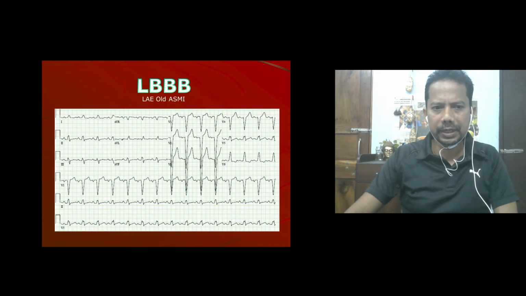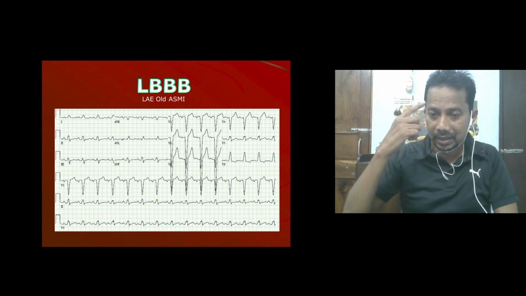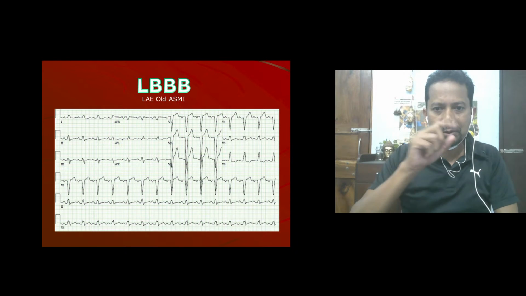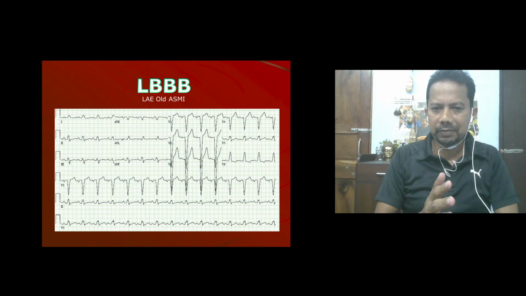Okay, first we look at the calibration, calibration is normal. Then in V5, see R wave is tall, there is hardly any S wave. Now to confirm whether we are making a right calculation or not, you look in V1, V2, there is a deep S in V1, V2, very good.